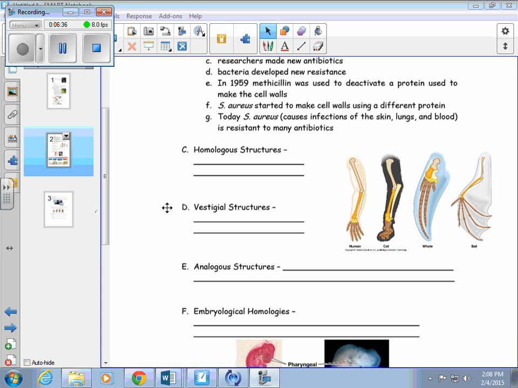So it's built the same, it is the same bone, but its function is very different in all of those organisms. Another structure is a vestigial structure. A vestigial structure is something that is no longer in use. Good examples of this for the human: your tailbone is a vestigial structure. It is believed that that is the last remaining component of a once tail. Other vestigial structures are the appendix, wisdom teeth, and tonsils.